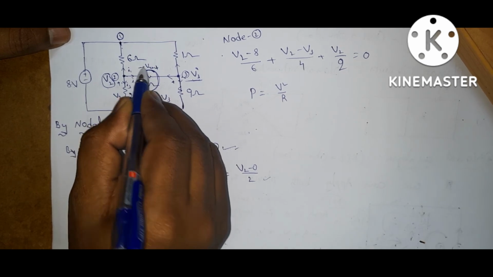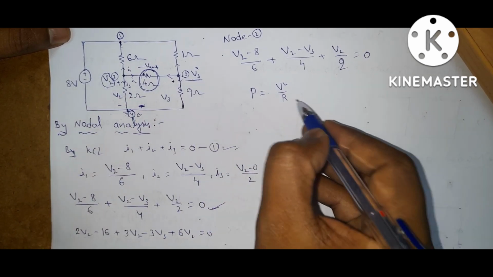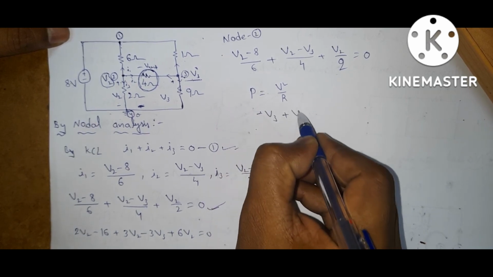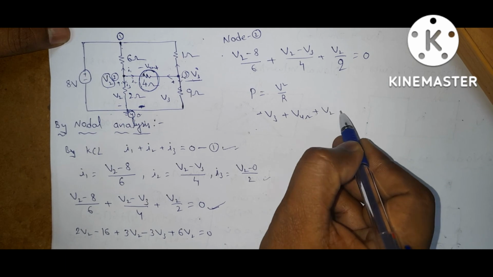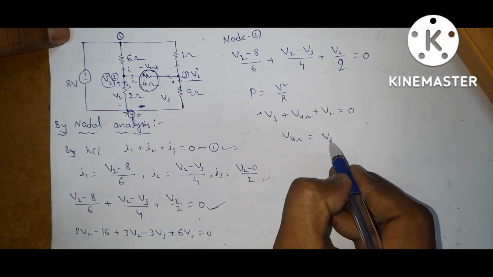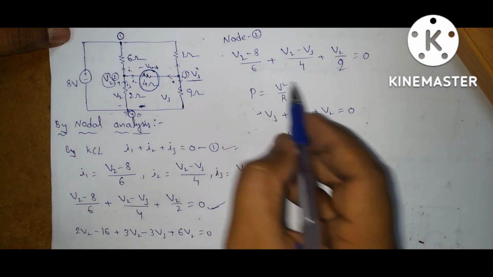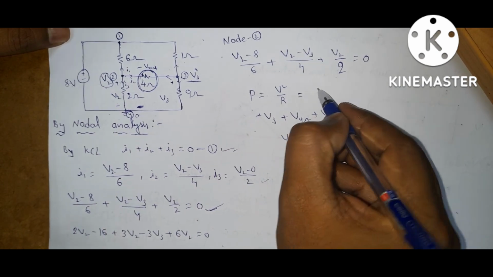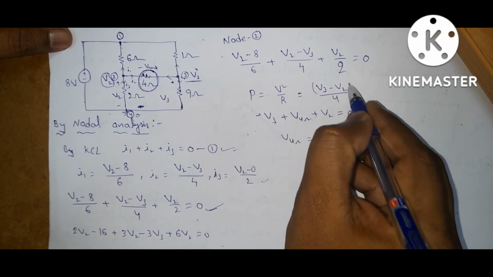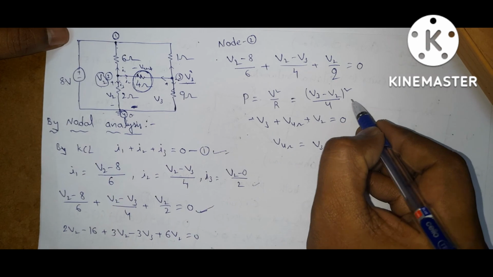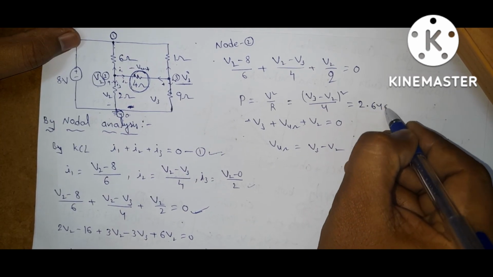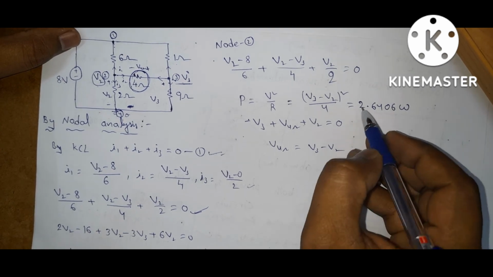Next, this is V4 ohm. If you apply KVL, you get minus V3 plus V4 ohm plus V2 is equal to 0. From this, V4 ohm is V3 minus V2. Substitute: V3 minus V2 by resistance 4, whole square. If you solve this equation, you will get power is 2.6406 watts.